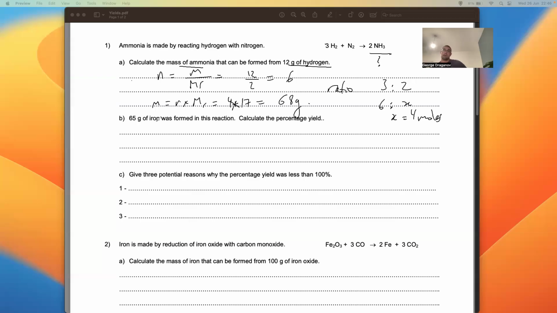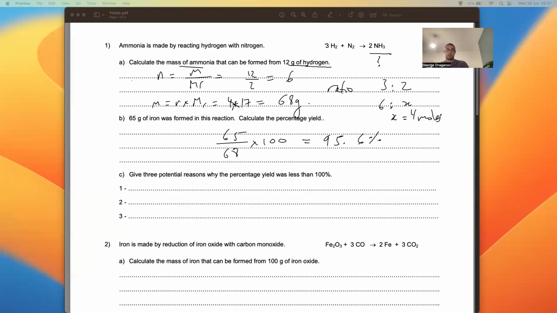Now that's nicely bigger than this, because this is how much they actually got in the experiment. So the yield will equal 65 over 68 times 100. That will give you the percent yield, which happens to be, in this case, very high, 95.6%. Then it asks you for 3 reasons why the yield is not 100.